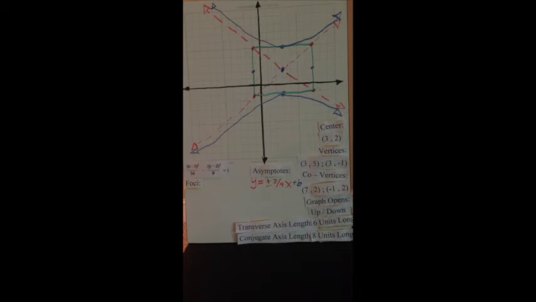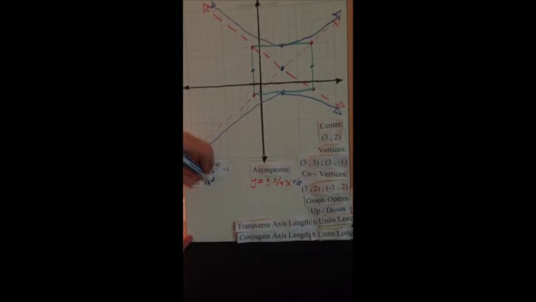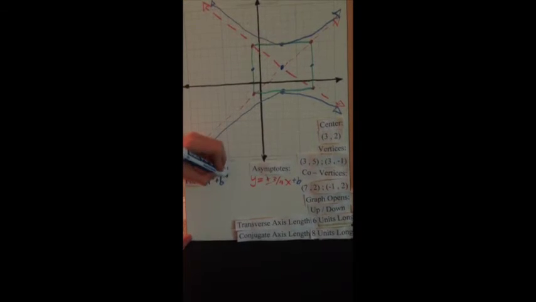So the one thing left to do is the foci. So to calculate the foci, it's actually an equation that might look similar to the Pythagorean theorem, and mathematically it might be the same, but it's a different concept. So it's going to be a squared plus b squared equals c squared.